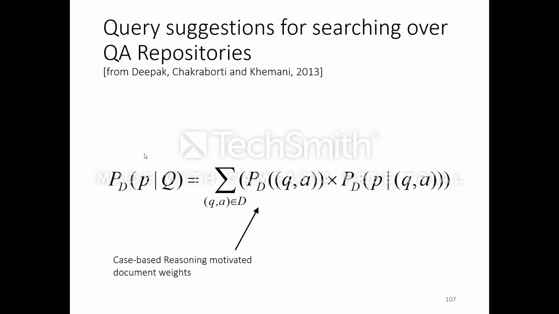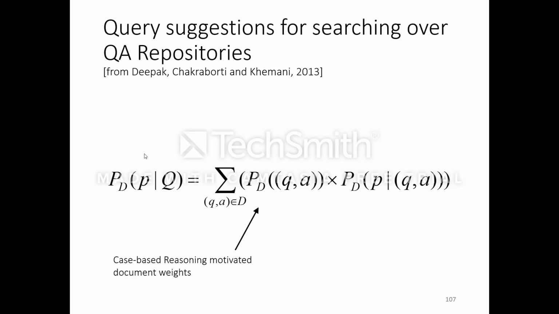So this is basically the model here. The score with respect to giving a phrase P in response to an incomplete query Q is equal to the summation over the QA pairs in the data set, with weights associated with every QA pair, which is PD of QA, which is motivated from case-based reasoning.